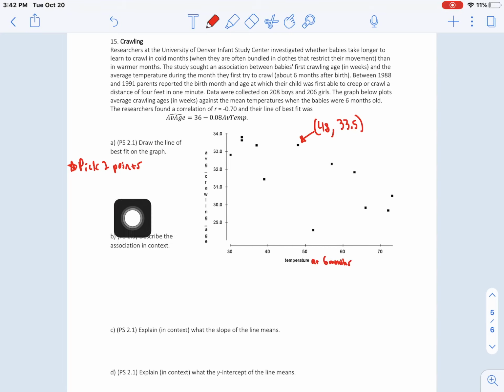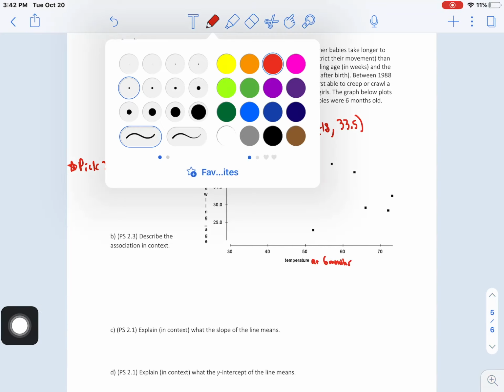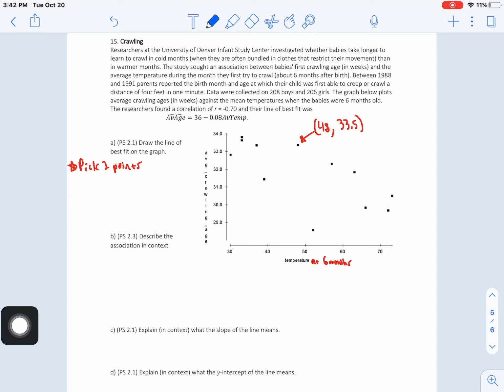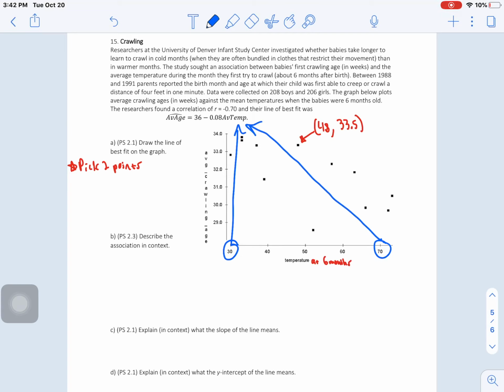So part A says to draw the line of best fit on the graph and mention to pick 2 points. So what you should do is pick 2 x points. It's like if I picked x equals 30 and then x equals 70, and I plug them both into the equation, we should get a corresponding y value. So if I plugged in 30 and 70 for x, I'd get 33.6, and I would get 30.4.